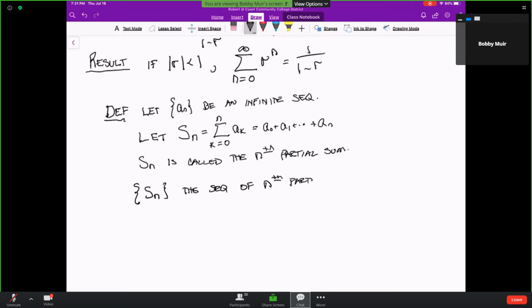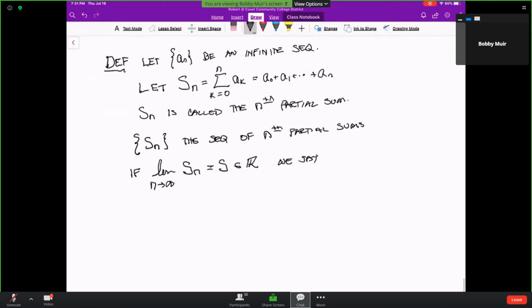So what we're going to say is if the limit as n tends to infinity of S_n equals S, something in R, then we will say that the series, k equaling 0 to infinity of a_k, converges.